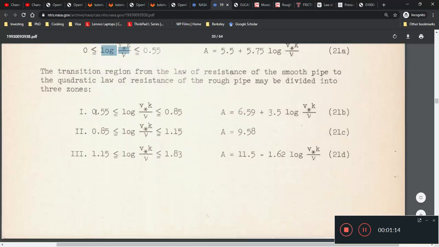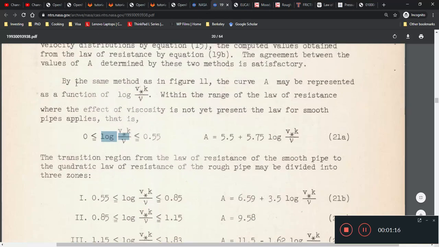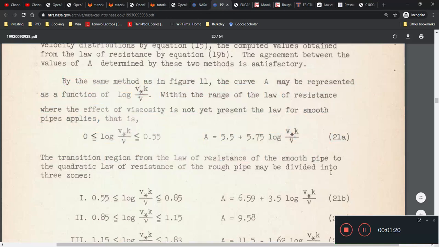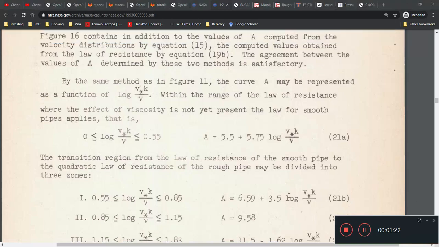So this first regime is the effect of a smooth surface, I think, the very thinness of boundary layers.